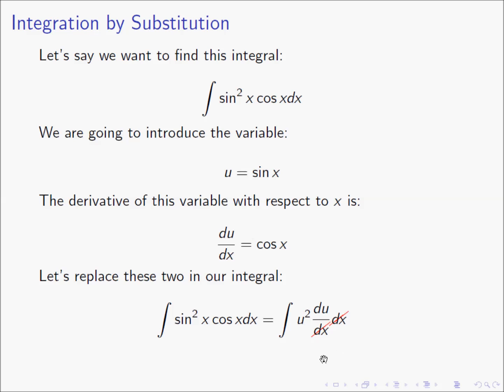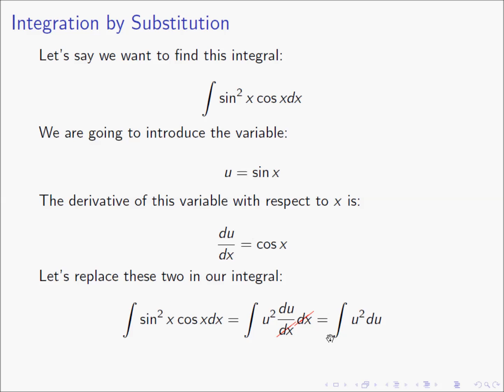You will find a link in the day 16 guide, and if you want to learn about this, you can go to that page and read the explanation. What we are interested in for solving integrals is that differentials behave like this, and we can cancel these differentials. So we do that, and we get that this equals the integral of u squared du.